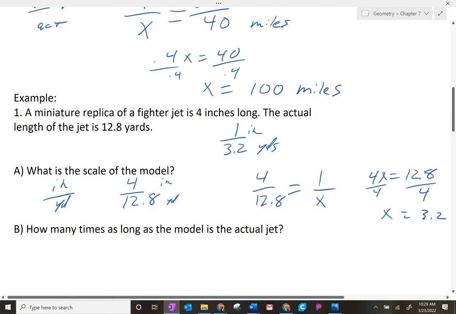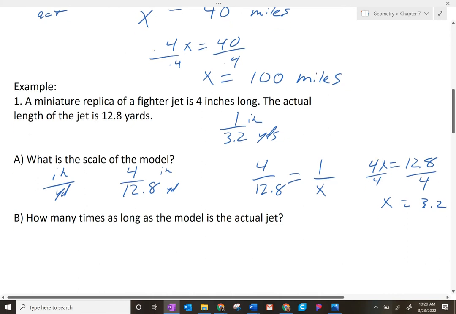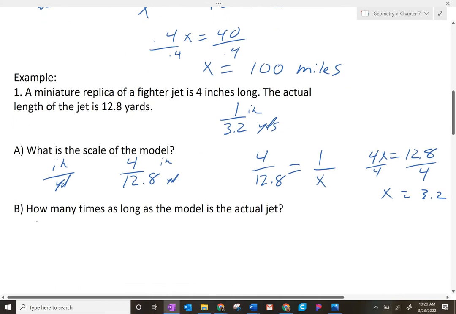Okay, so this last part is going to take what we did from a couple chapters ago. It says how many times as long as the model is the actual jet. So for me to do this last part, I'm going to get the scale up here. My scale was 1 inch over 3.2 yards.